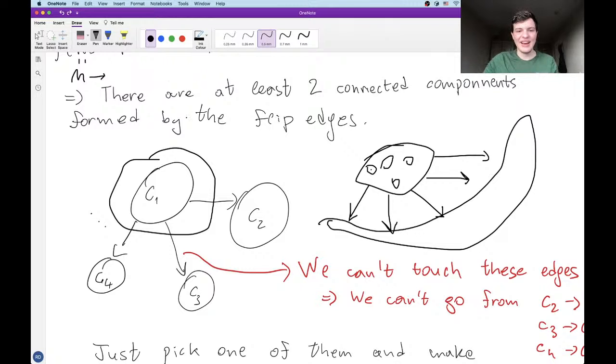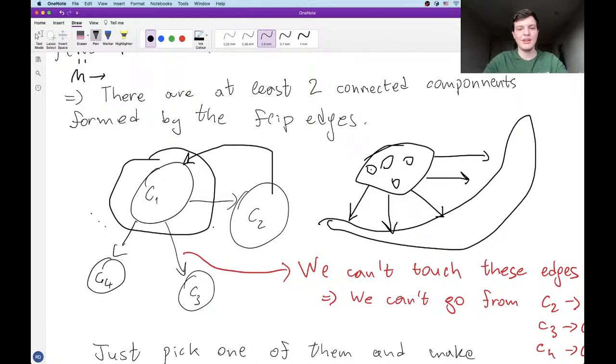So we have 1 connected component which is C1 and the other connected components. These edges don't exist in the flipped graph, I mean we need to create them in the tournament graph, but they're not from the edges we flip. So if we fix their direction to be outgoing from C1, then we will never be able to reach anything from C2 back to C1, because the directions of those edges are fixed to go out of C1.